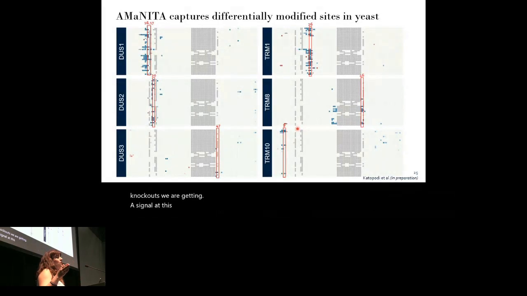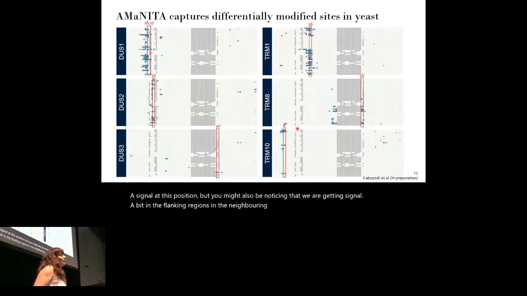But you might also be noticing that we are getting signal a bit in the flanking regions, in the neighboring positions. This is a current limitation in the field in general. So as the RNA passes through the nanopore, the current it creates, especially if it's a modified base, might affect downstream positions.